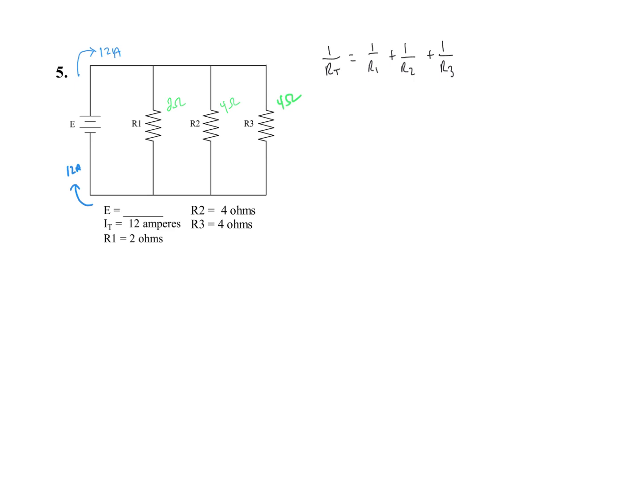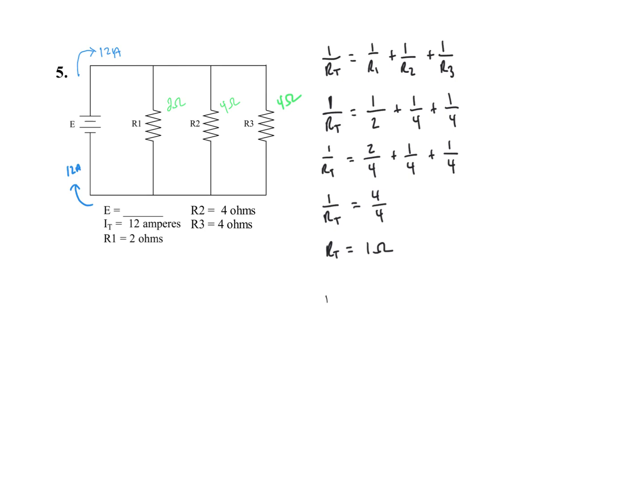Let's plug our numbers in here. There we go, and this will end up being 1 for our total resistance. And from there, now we can use Ohm's law: voltage is equal to current times resistance.